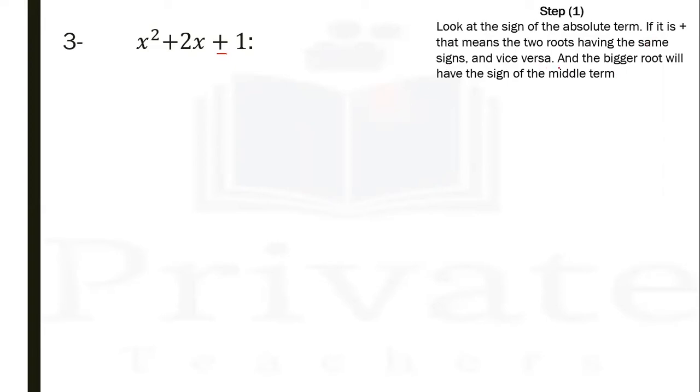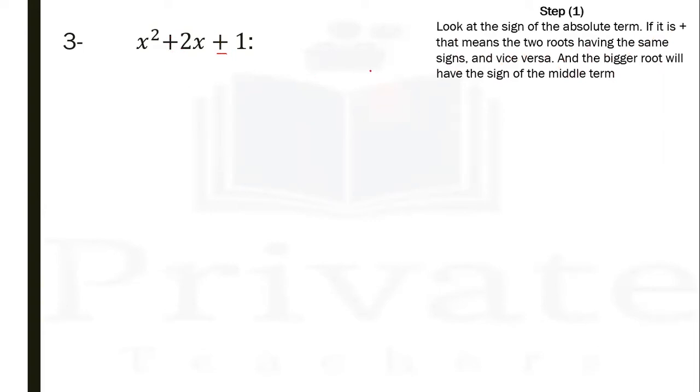That means the two roots have the same sign, and vice versa. And the bigger root will have the sign of the middle term. So as we said here, because the absolute term has a positive sign, the two roots have the same signs. Then we look at the sign of the middle term.